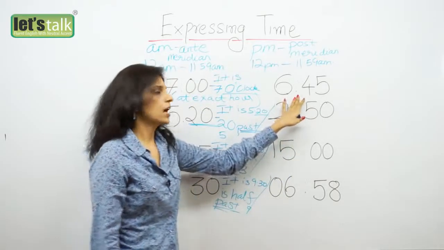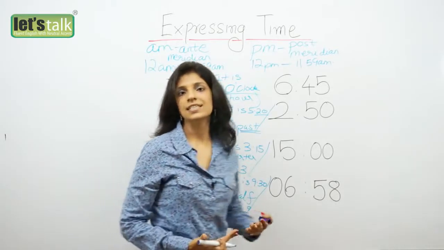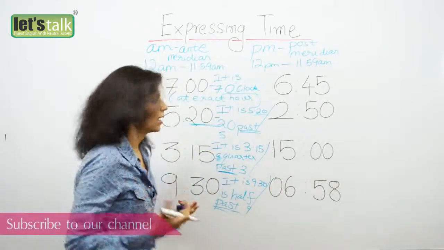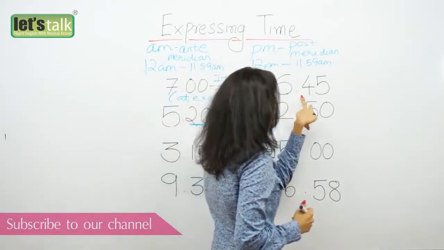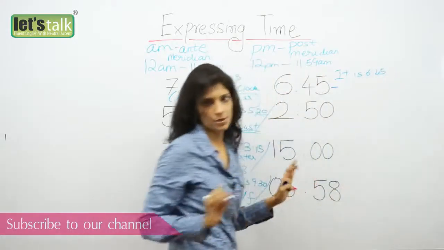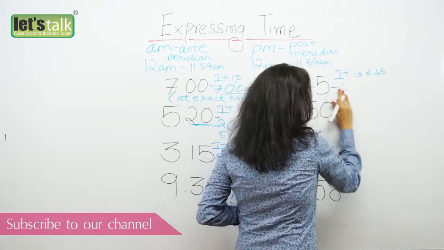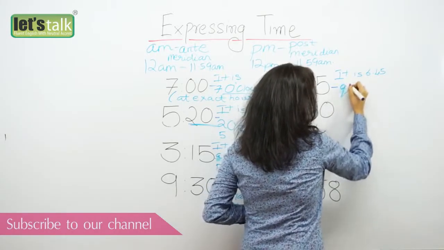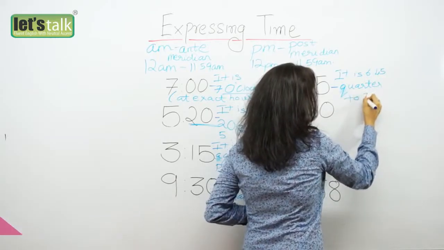6:45. Okay, so now we have finished the first half hour of the hour. Let's see how you express the next half hour. All right, 6:45. So you can say it is 6:45 a.m. or p.m. depending, or you can say it is a quarter to 7.